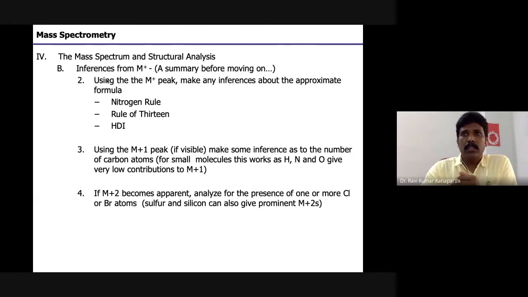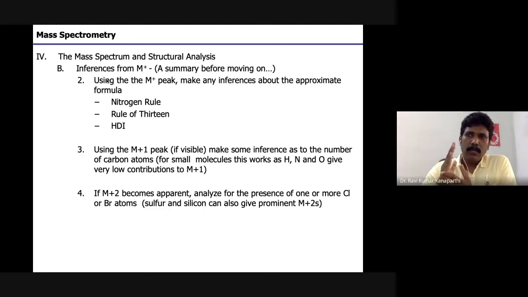Because of the m plus 1 peak, yesterday I gave an explanation that if you have 2 carbons, like in the ethane molecule, the isotope carbon can exist with atomic weight 13. So therefore it is 2 into 1 plus 1, where m plus 1 is the abundance, and that will be the intensity of the m plus 1 peak in the mass spectrum.